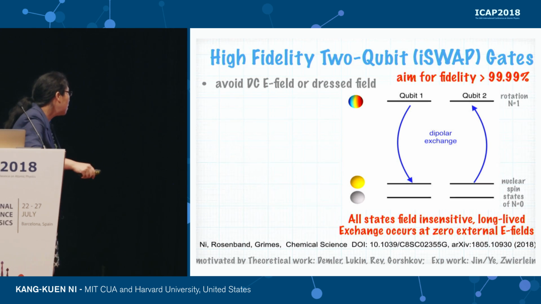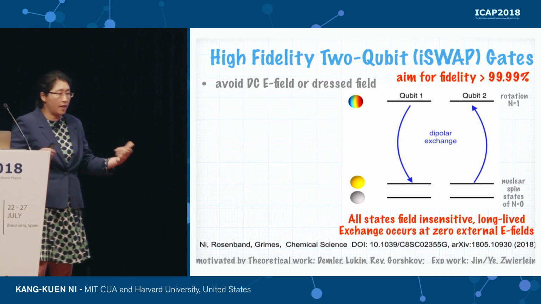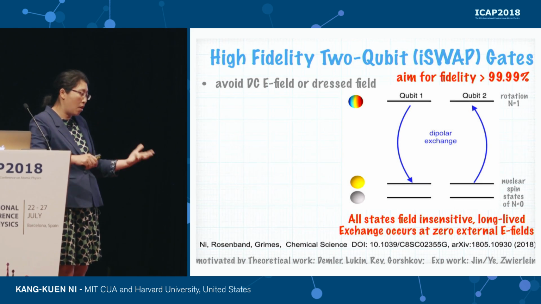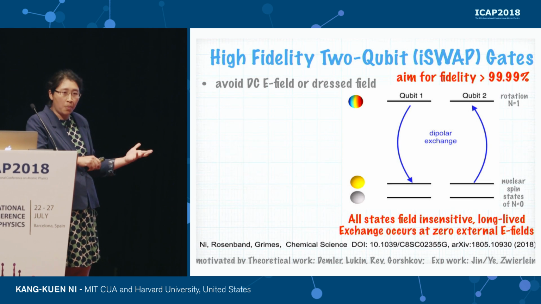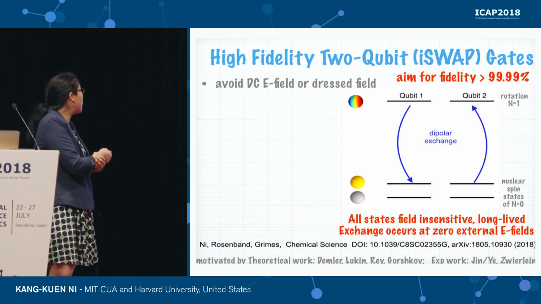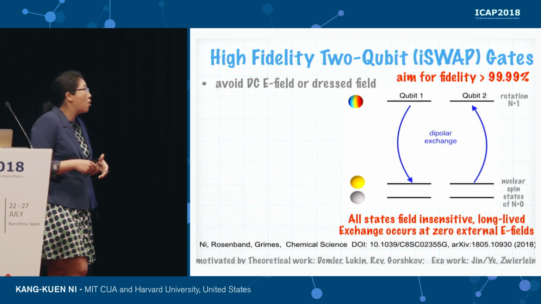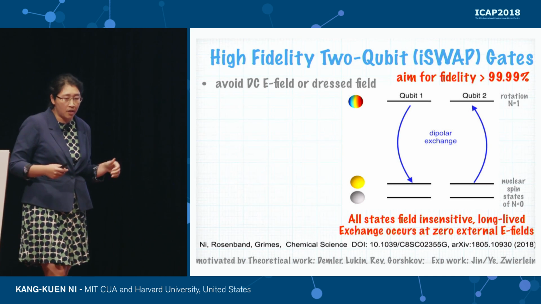Most of the proposals previously, when you think about molecules utilizing the dipole-dipole interaction, you often think in terms of needing some kind of polarizing field to achieve that. But in reality, experimentally, you actually want to avoid these DC electric fields or any dressing field to polarize your molecule.